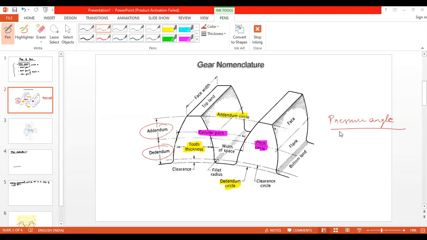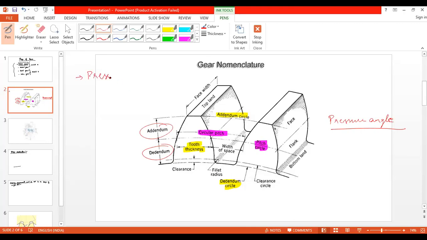Okay. Here, see, these addendum, dedendum, clearance, base width, all these things are very easy to understand. So I'll define some of the important parameters.